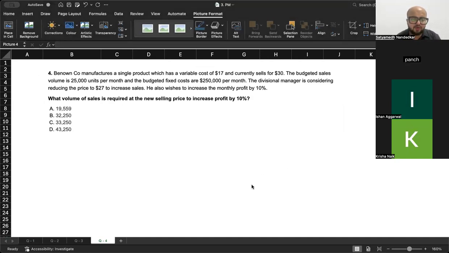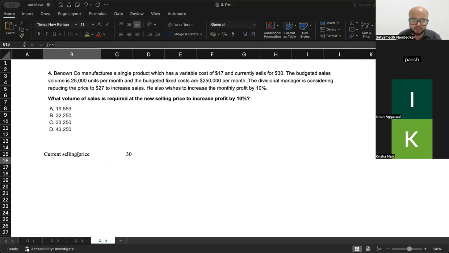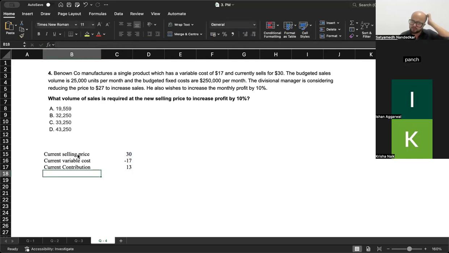Okay. Now, first of all, let's process data as it comes along. What is the current selling price, Krisha? 30, right? What is current variable cost? 17. And current contribution? 13. Okay.